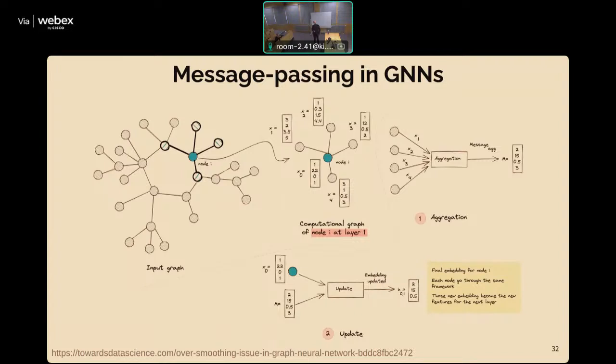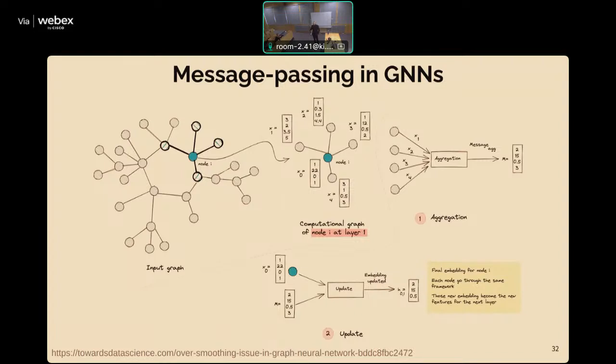So a node gets a vector from each of its neighbors, and then we take all those messages and we aggregate them. How we aggregate them depends on the network. The simplest way, you just compute the mean. So you can compute the average message from your neighbors, it's okay. And then you have the aggregated message from your neighbors.